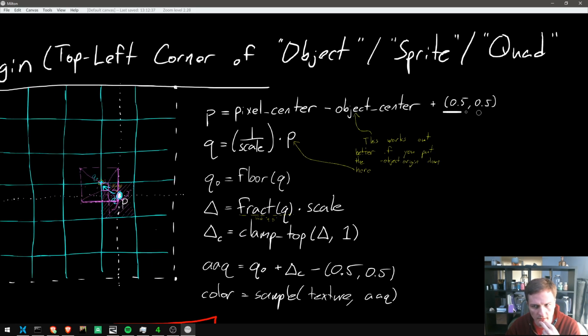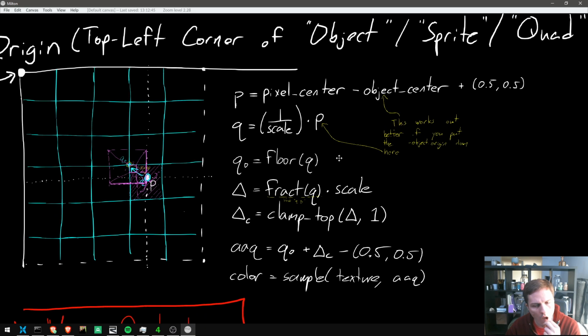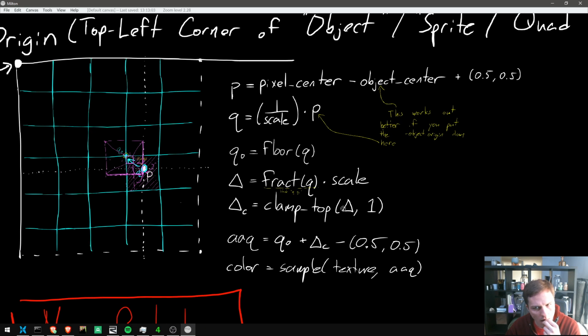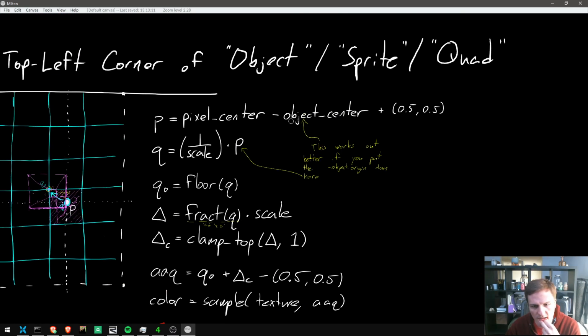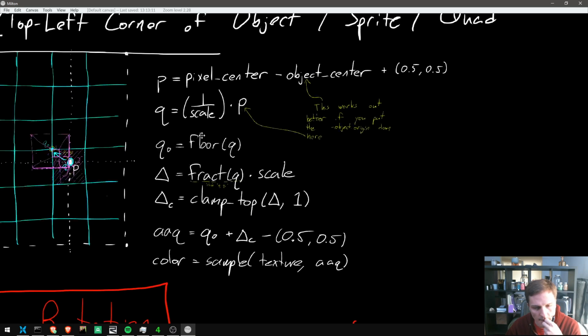There's only two spaces here. This is in the pixel space. And it seems like the only way I would generalize it is I would just apply the mapping afterwards.